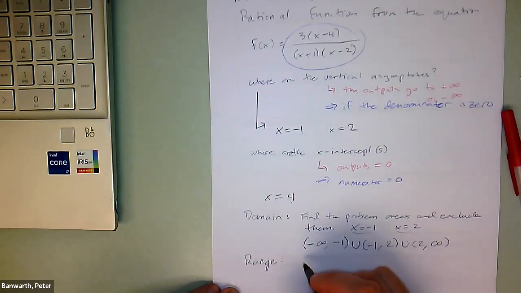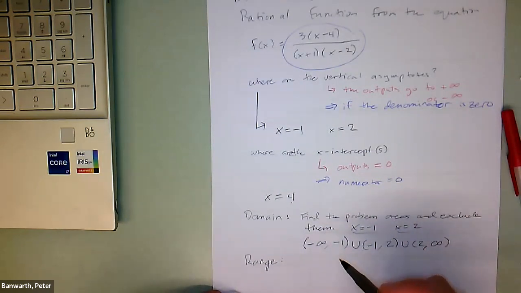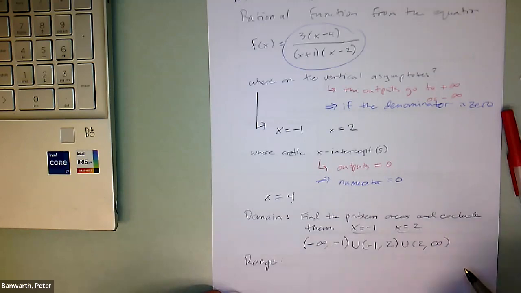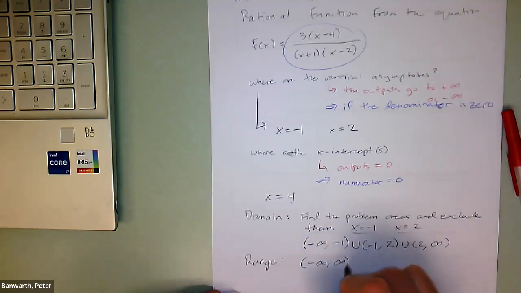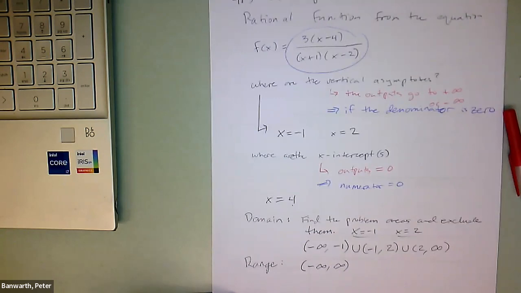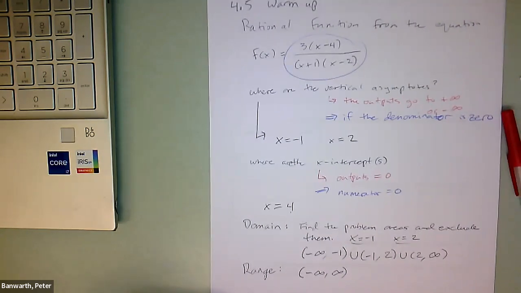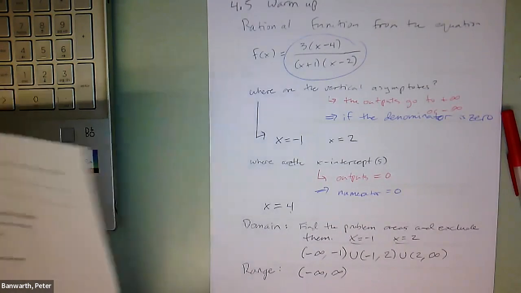So in this case, you are going to be able to get to any real number as an output. So you should have a range of -infinity to infinity. And my disclaimer is I'm making these up off the top of my head, so I may sometimes make mistakes, and I hope I don't, but maybe I do. All right, that was part of our warm-up.